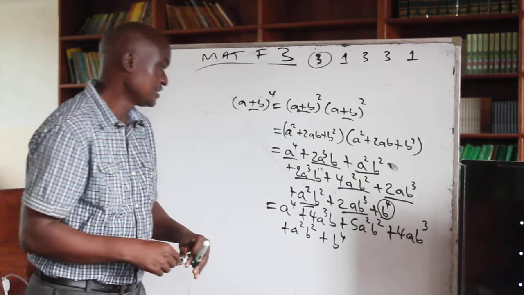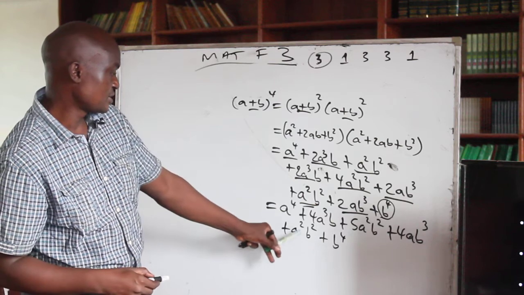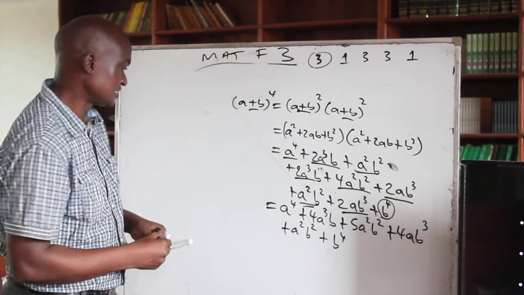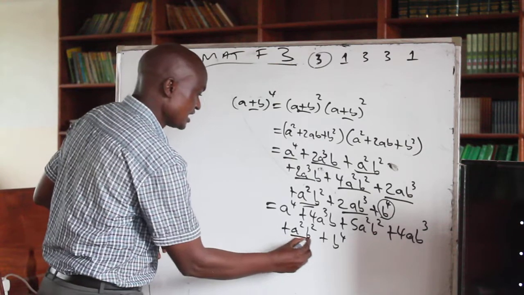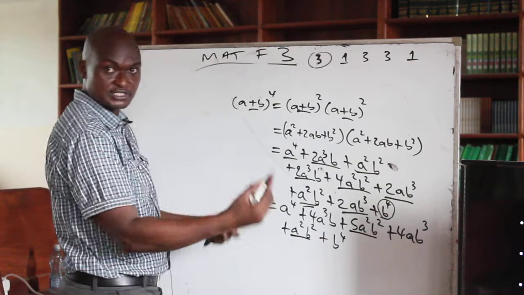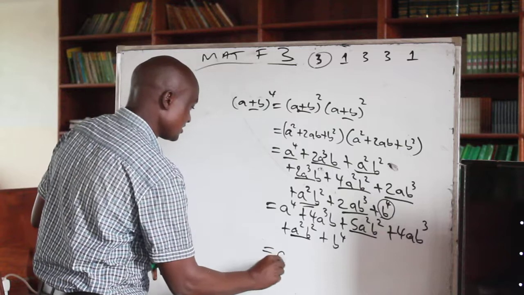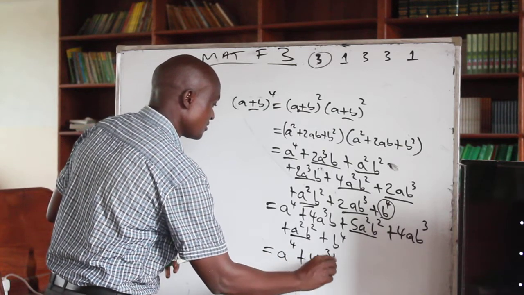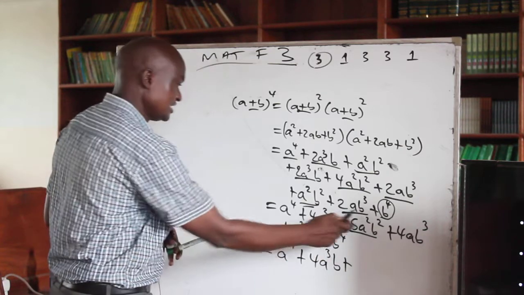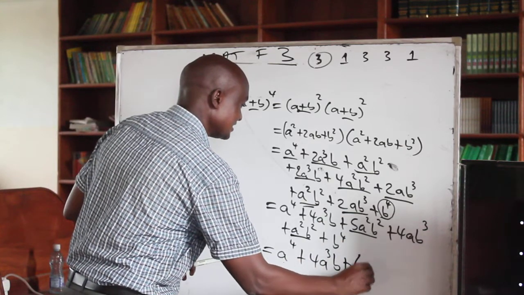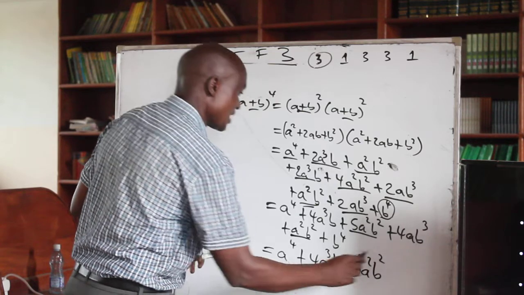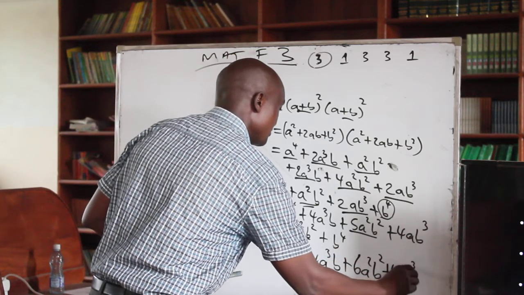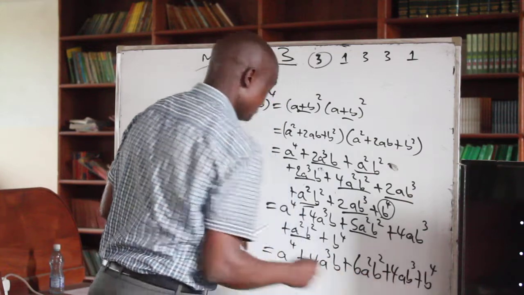But if again you look at it, a squared b squared and 5a squared b squared are like terms. So we add this and that. So what are we going to get eventually? A power 4 plus 4a power 3 b plus, if we add this one, 6a squared b squared plus 4ab power 3 plus b power 4.